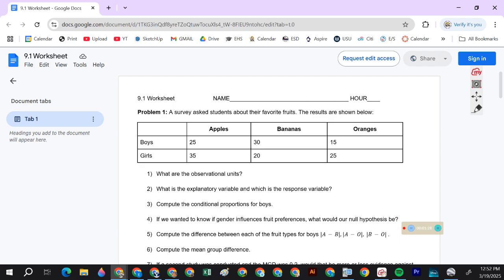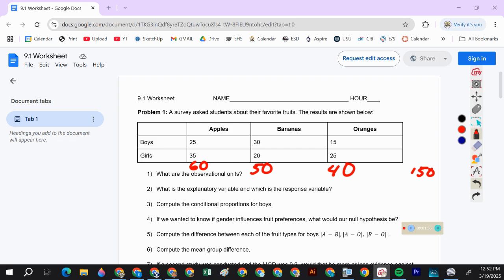So here we asked a bunch of kids, are you male, are you female, and do you prefer apples or bananas or oranges? One thing we need to do first is total all of these up. So 60, 50, 40, 150, and I actually don't need the other totals for today.